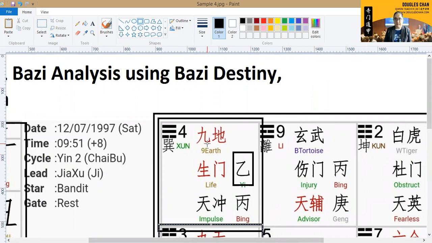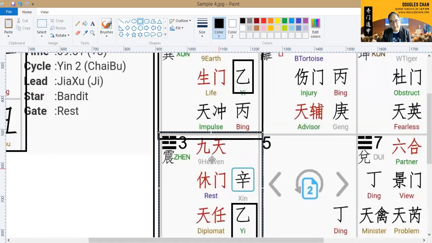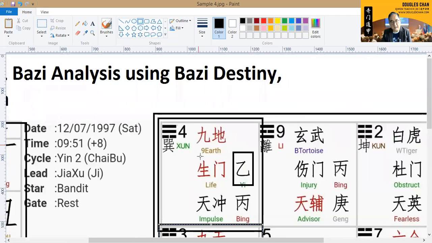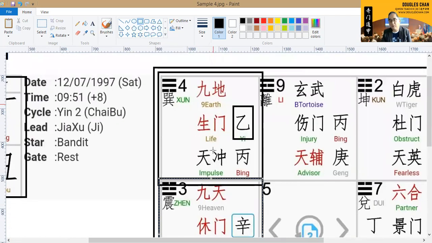But if you see previously, he's actually a Nine Heaven person. After that, he changed to a Nine Earth person. Which means that technically his expectation actually goes down tremendously, where he faced a lot of problems when he was young, before 35 years old.